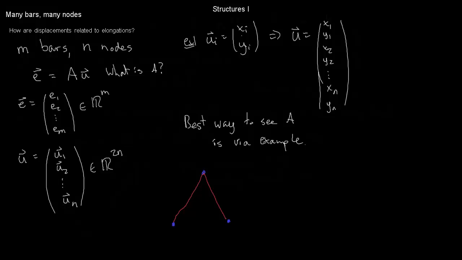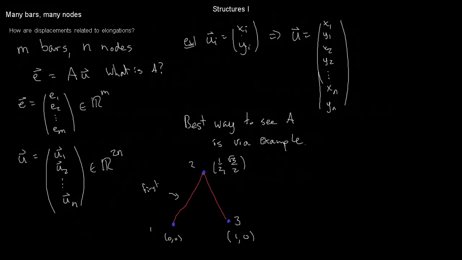Imagine this is floating in space. Those 2 bottom nodes are not held down in any sense. There's no gravity acting just yet. So I'm going to place the first node at 0, 0, the second node at 1/2, root 3 over 2, and the third node at 1, 0. So these are the vertices of an equilateral triangle of unit side length.